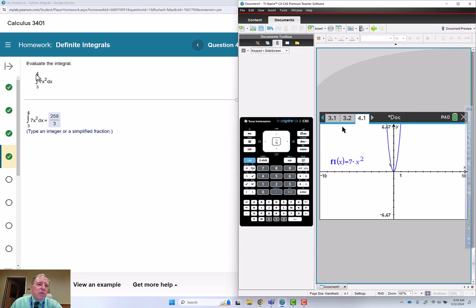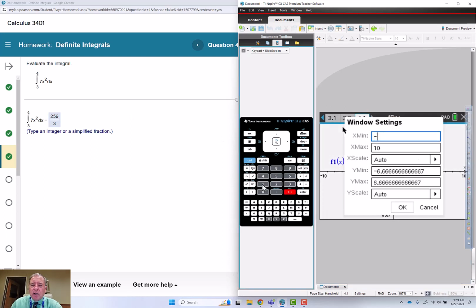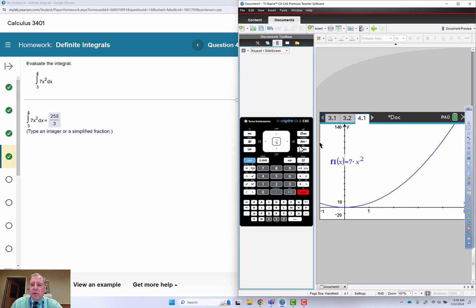If I square 4, that's 16. 16 times 7 is going to be 70 plus 49, so somewhere around 120, 130. So menu for 1, I'm just going to go -1 to say 5 by 1s, and then go like -20 to 140 by 10s for my vertical. And I got a pretty good window here.